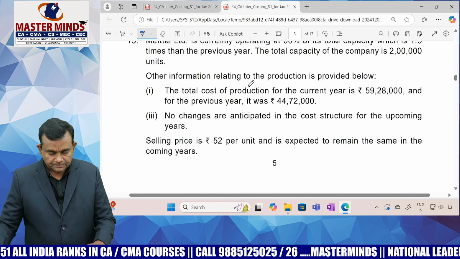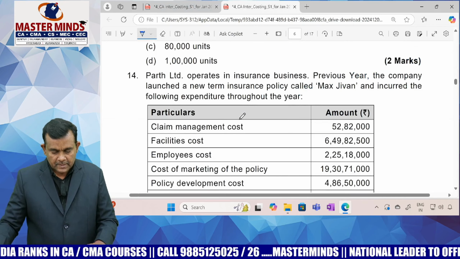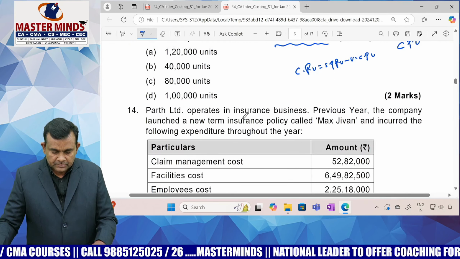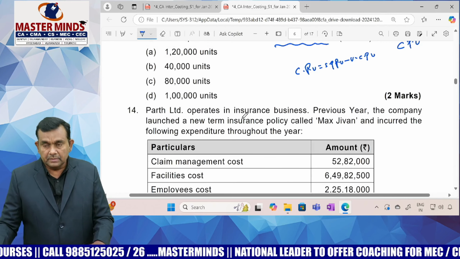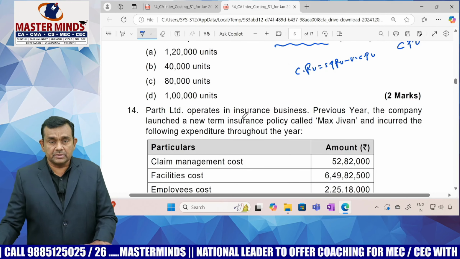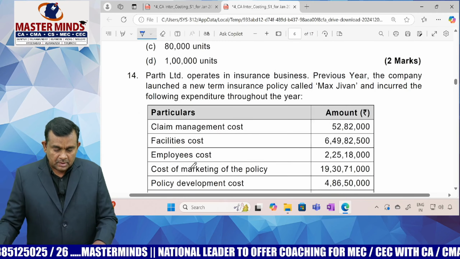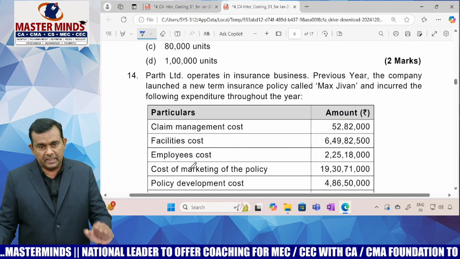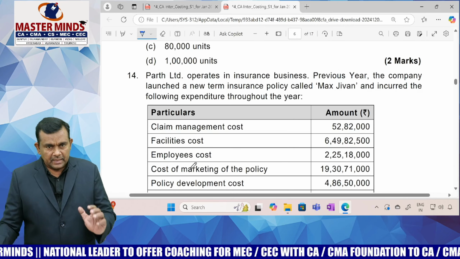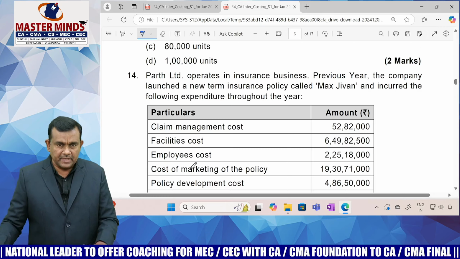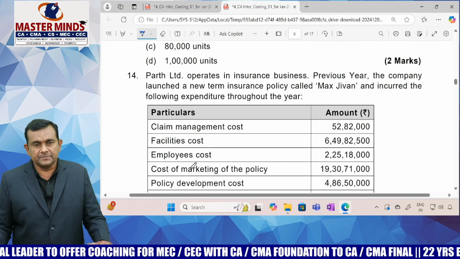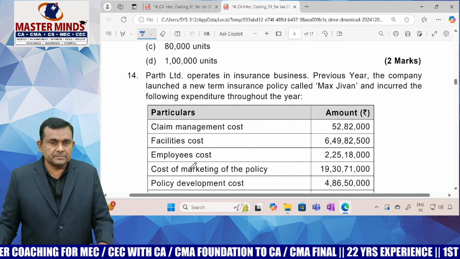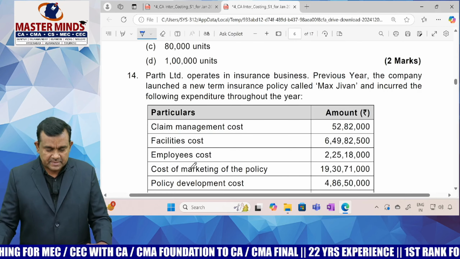14th question. This is service costing sector, life insurance companies. So in life insurance companies, classification of expenses, 4 categories: marketing and sales expenditure, operations expenditure, next IT cost, next functional expenses.